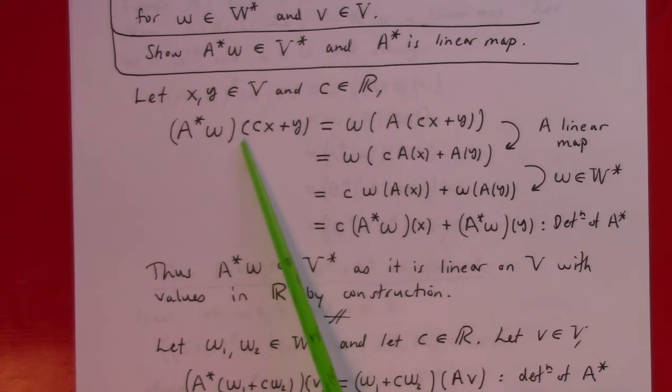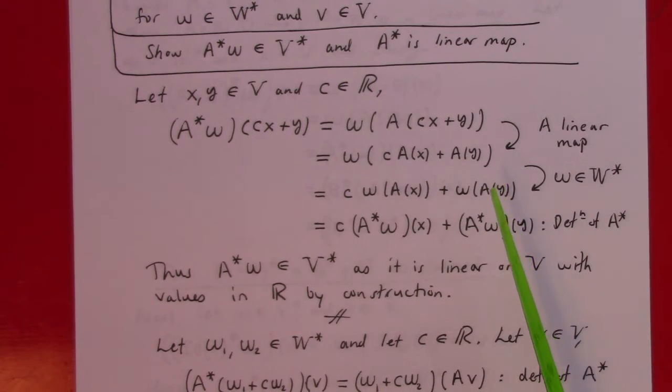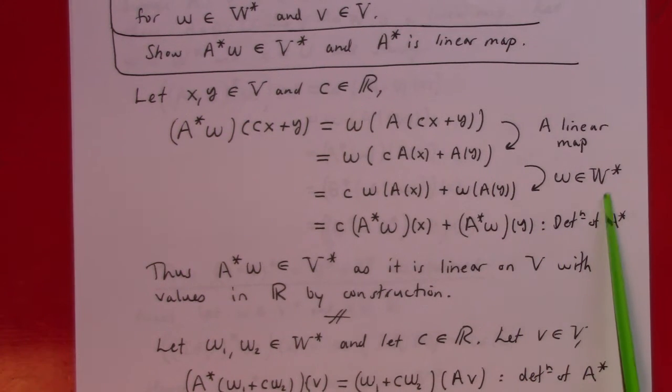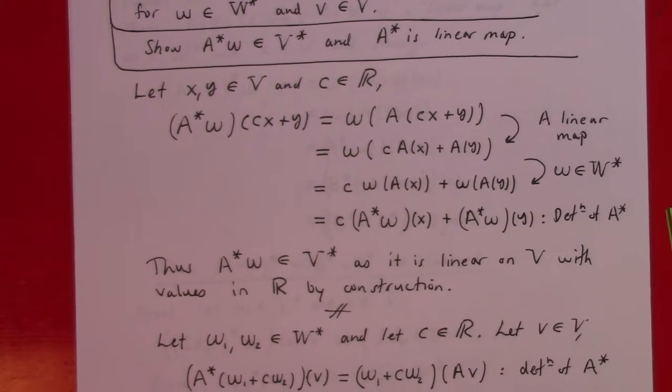It really is giving you V stars, dual vectors to V. I had to use the linearity of A, the fact that omega itself is linear on W, and of course the definition of the dual map.